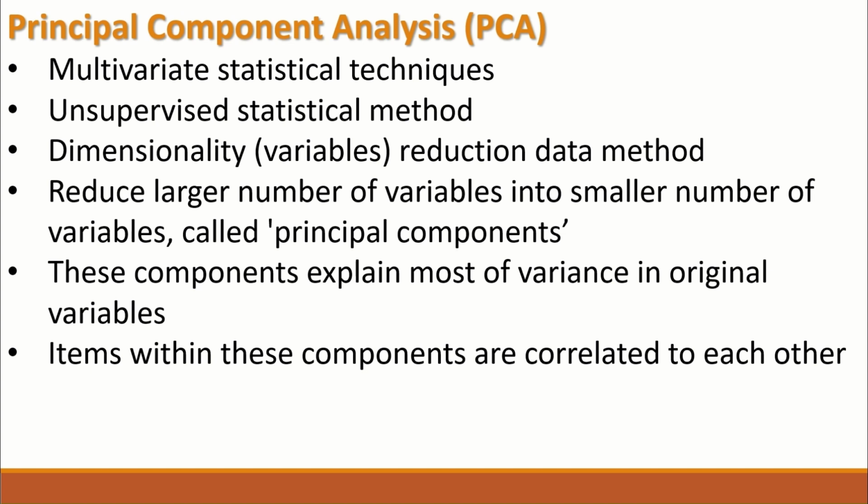The overall objective of performing PCA is to have a large number of items or variables and try to reduce that number by grouping those items or variables into components. Variables within these components are correlated to each other.